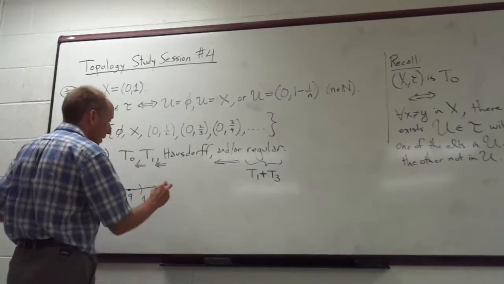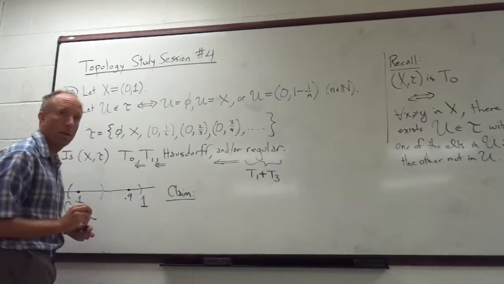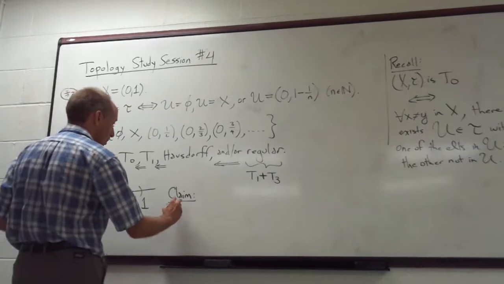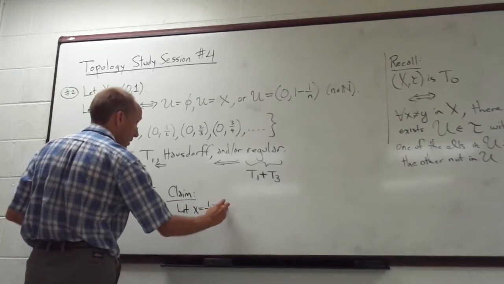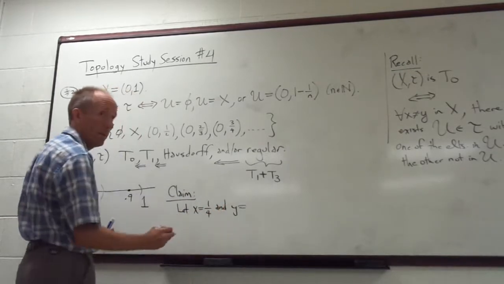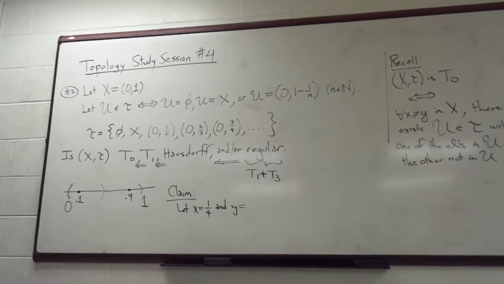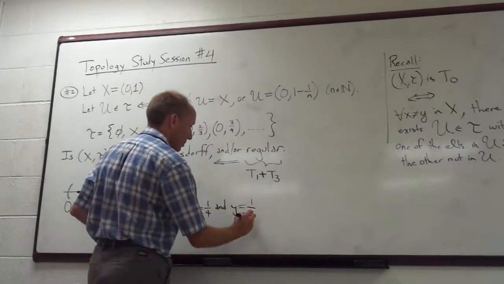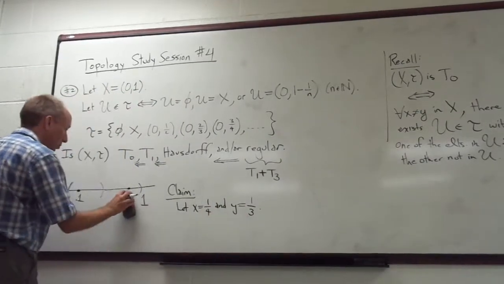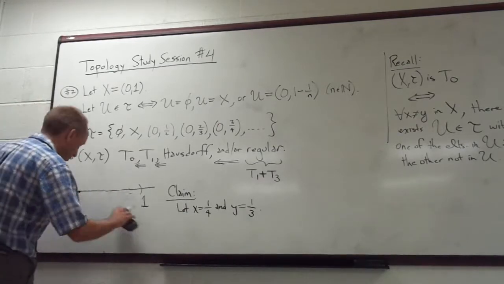Okay, yeah. So for example, if you look at the point 1/4, let x equal 1/4 and y equal 1/3. Those points are both over here on this side of it.